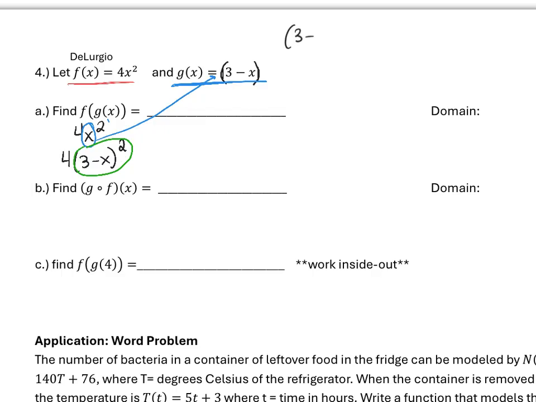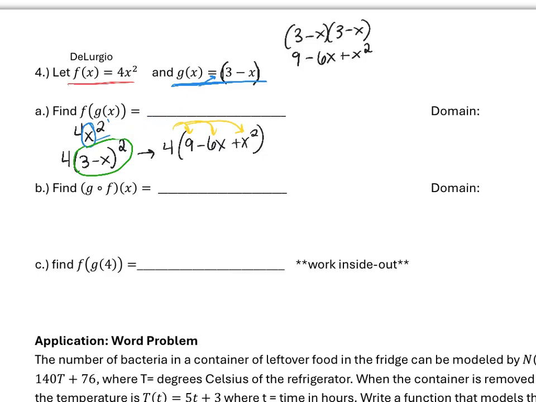So I'm going to just FOIL that out, which gives me 9 minus 6x plus x squared. So now I'm here, 4 times (9 minus 6x plus x squared), and then I will distribute in the 4, and I'm going to put it into standard form.